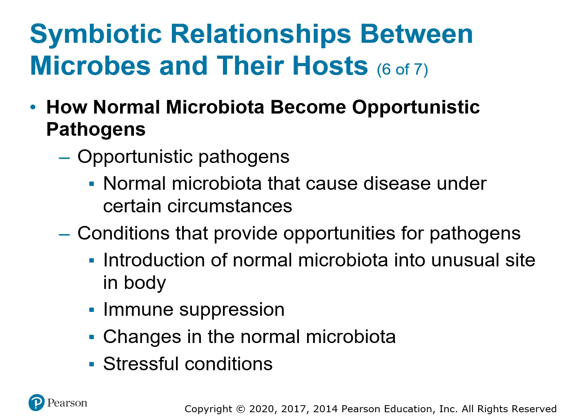So if somebody is on immunosuppressant drugs because maybe they've had an organ transplant, or because maybe they're on chemotherapy, so their immune system is dampened down, then bacteria that normally wouldn't cause problems can create an issue. If you have changes in the normal microbiota, so if there are some genetic changes that can happen in those, and then stressful conditions, because that unbalances the very delicate balance between things that can make you sick and things that keep you from being sick.